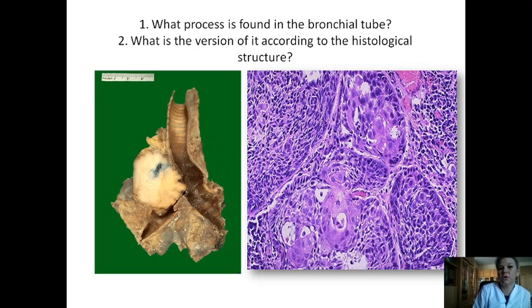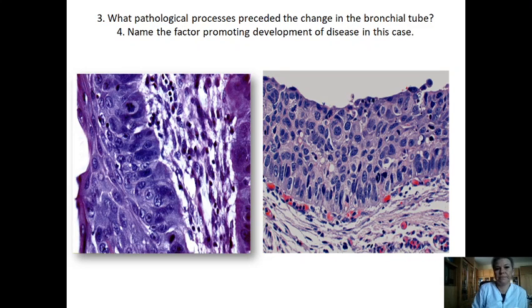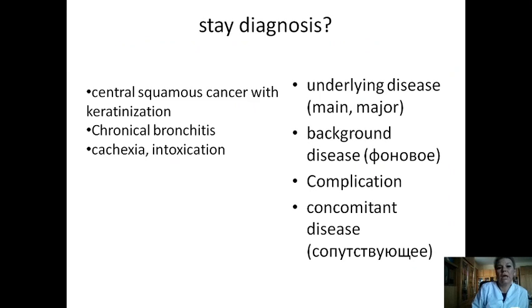What is the variant according to the histological structure? What pathological process preceded the changes in the bronchial tube? Name the factor promoting development of disease in this case. And please state the diagnosis.